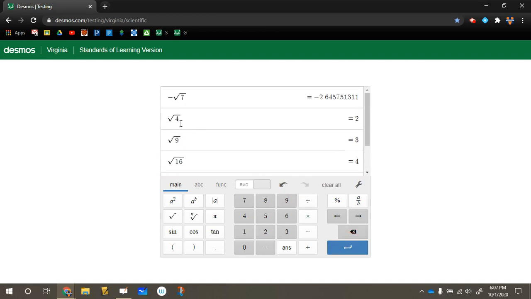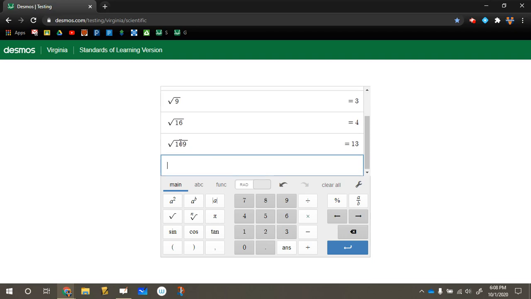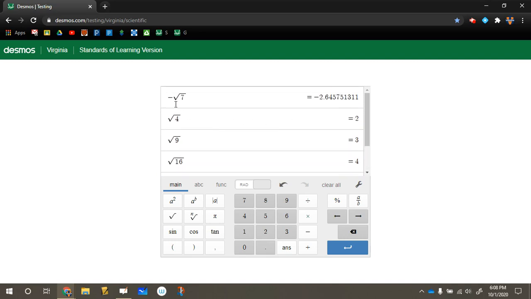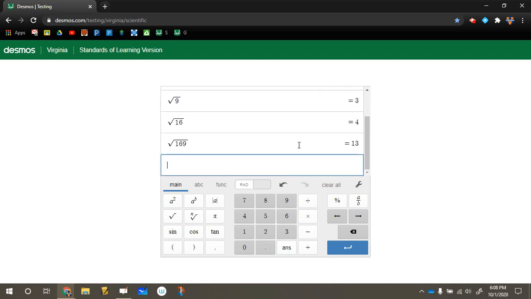So all these numbers here, the 4, 9, 16, 169, these are all what we call perfect squares. And if you take the square root and you get what we're going to call a whole number out, or an integer out, as we'll see when we define that term in just a little bit, then these are rational numbers.